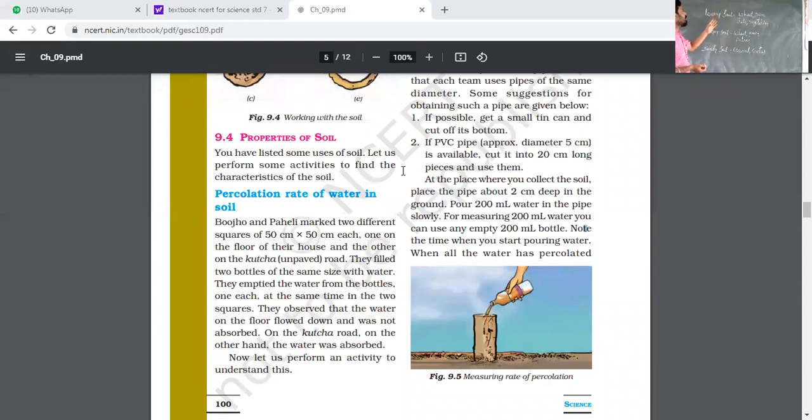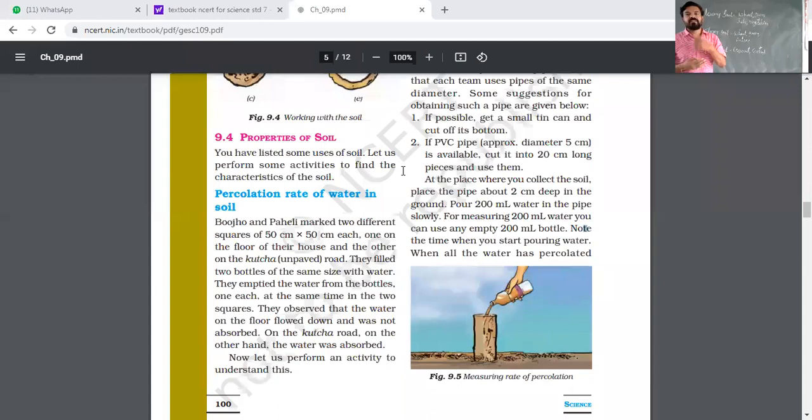We have explained everything about loamy soil, clay soil and sandy soil. So after that, we have the physical texture, the physical understanding of the soil. But what other advantages, what other properties are important in the soil?